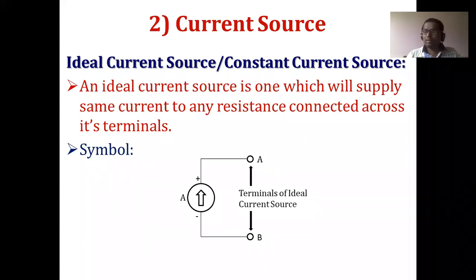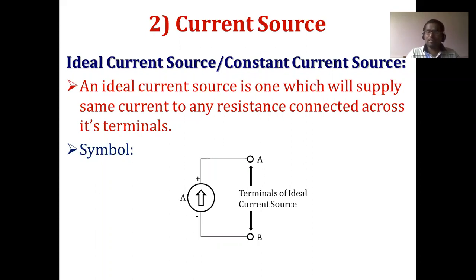But the difference is that the ideal voltage source has zero internal resistance, but the ideal current source has infinite internal resistance. And we know the basic property that current always takes the least resistance path. मग जर मला सांगा इनफायनाइट इंटरनल रेजिस्टन्स असेल तर तो करंट तो इंटरनल रेजिस्टन्सचा पाथ घेणार आहे का? Absolutely no. Is it right?